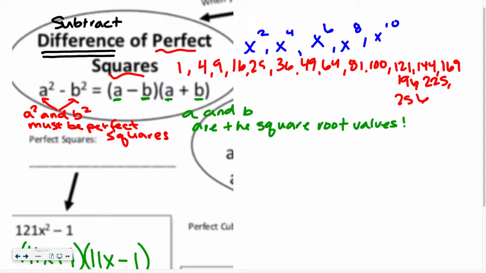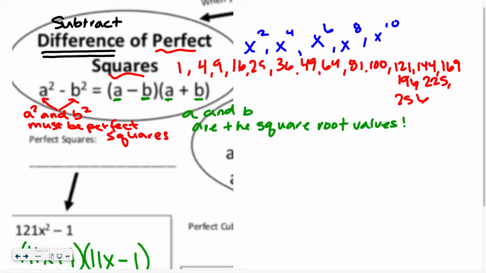What's the square root of 16x squared? 4x. And what's the square root of 4? 2. So we have one that's a plus and one that's a minus. Well, now when you look at your 2 factors, can you factor the factors? Yeah, 4 and 2 share a common factor of 2.